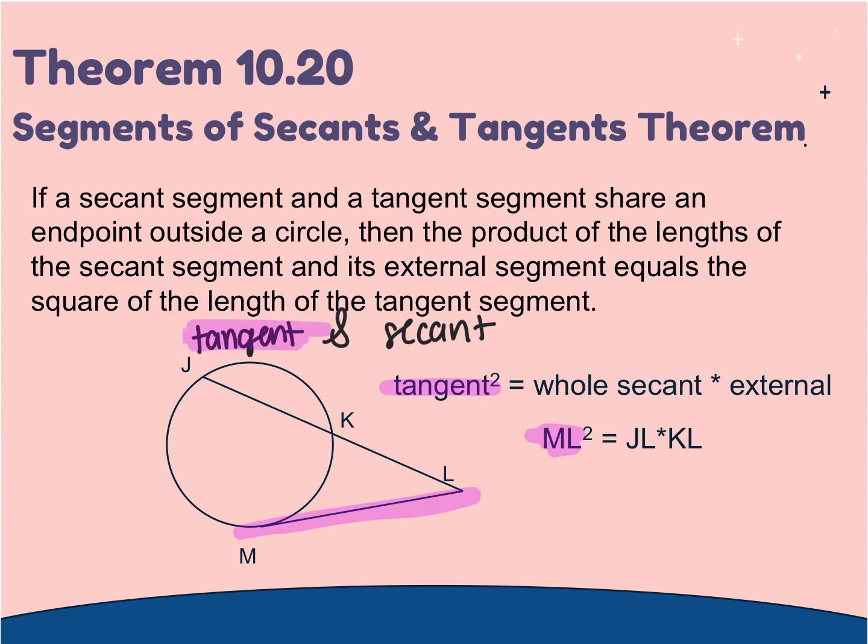And then I'm still using the same thing for my secant. So secant was, again, whole secant. So I'm going to draw it in orange. This is my entire thing times my external. So it's the outside measurement of my secant. Please do not forget that your tangent is being squared.